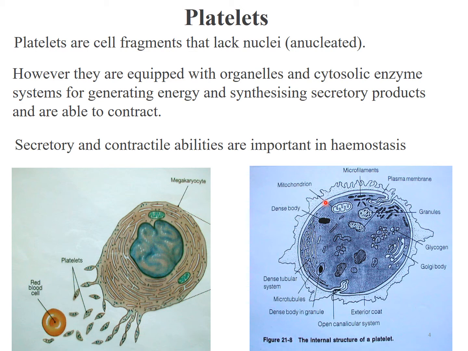You can also see some Golgi apparatus, or Golgi body, to produce the transport and secretory vesicles. It also has granules to store all the materials and chemicals, and some cytoskeleton such as microtubules and microfilaments for contractile abilities, and they are all important in the function of hemostasis, which you will see why later.